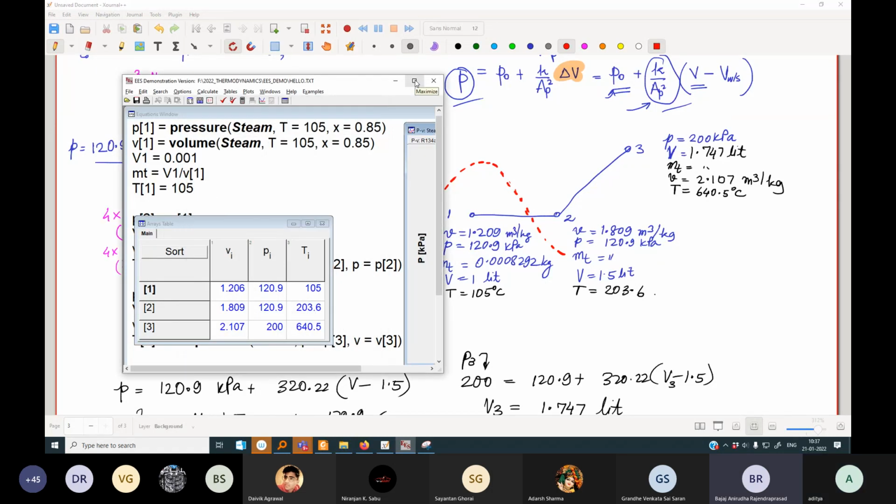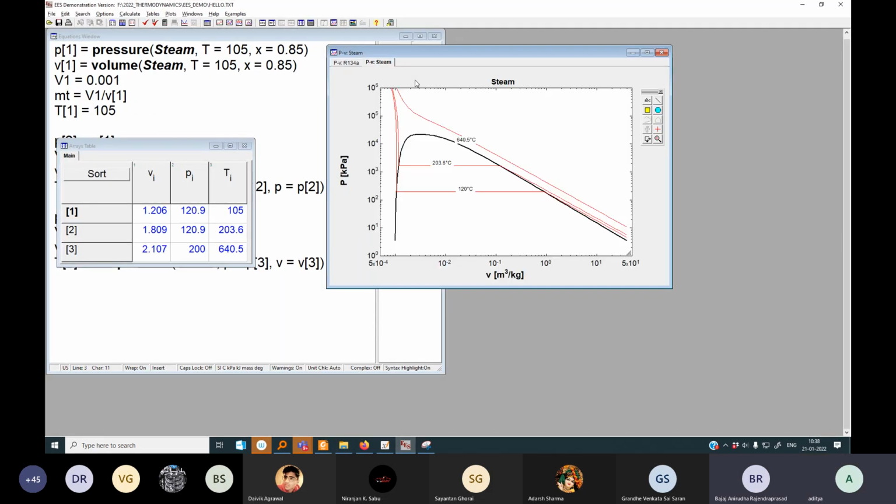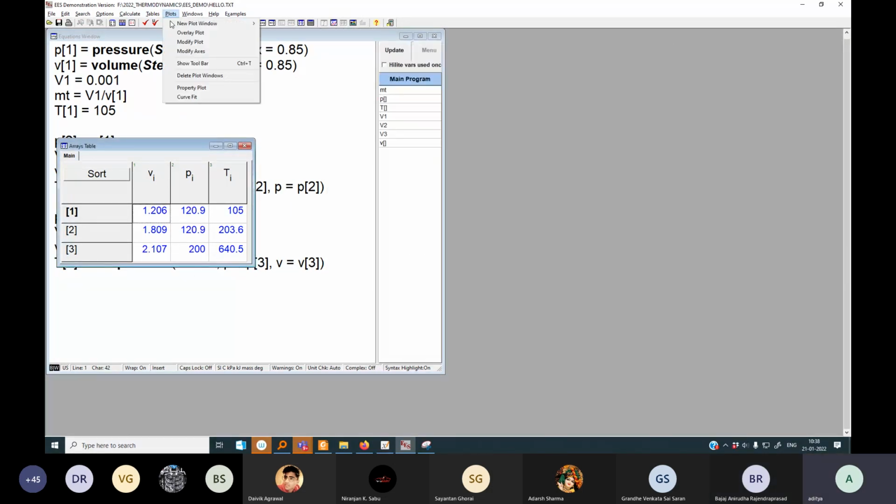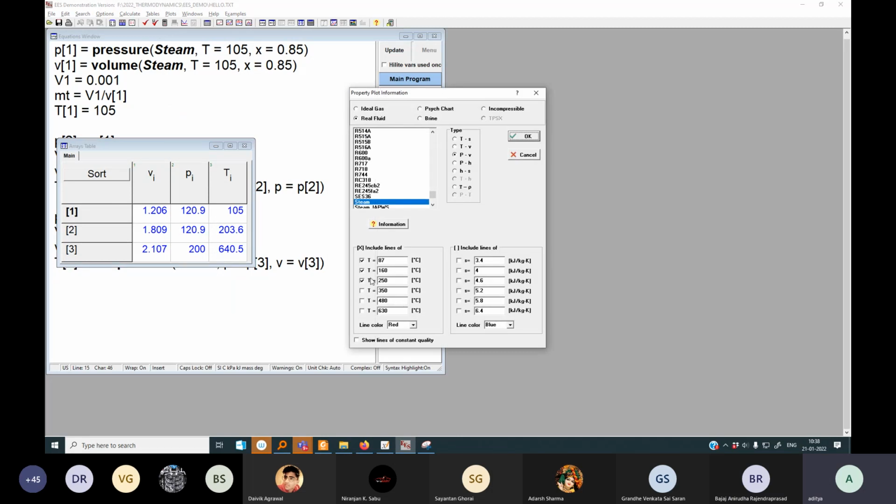T1 is 105, so the first isotherm we should put is 105. Property plot, steam, 105, then 203.6, then 640.5.